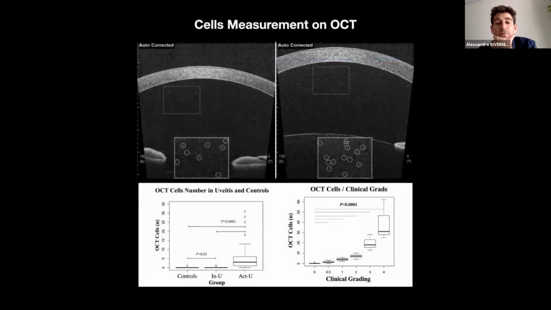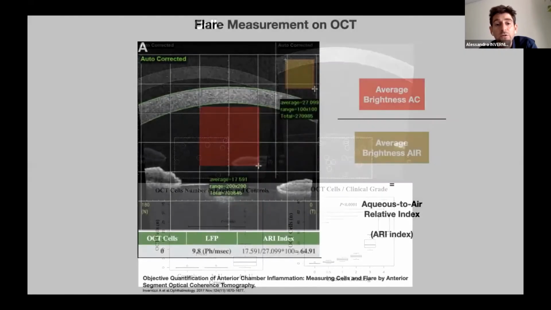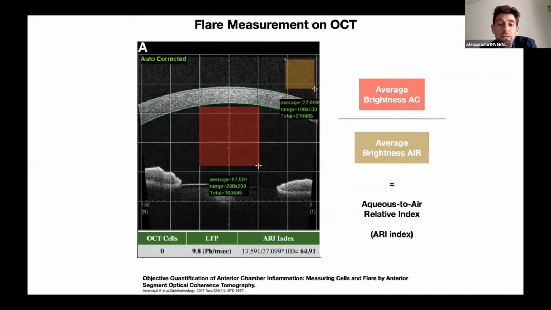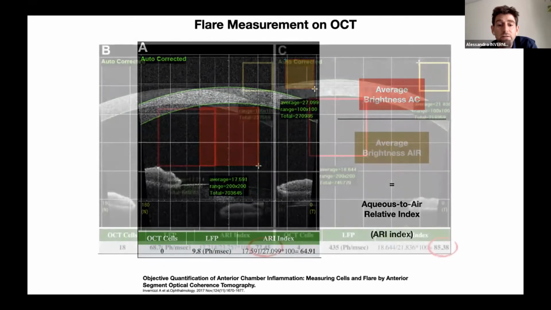And how did we do that? Well, of course, we counted the cells because they're pretty easy to visualize, and we obtained the same results as the group of Sunil Srivastava. We had a good agreement between the cell counting and the clinical grading. But we also assessed the flare. We did that by comparing the average brightness of the anterior chamber and the average brightness of the air outside the eye, and this allowed us to create an index reflecting the flare.